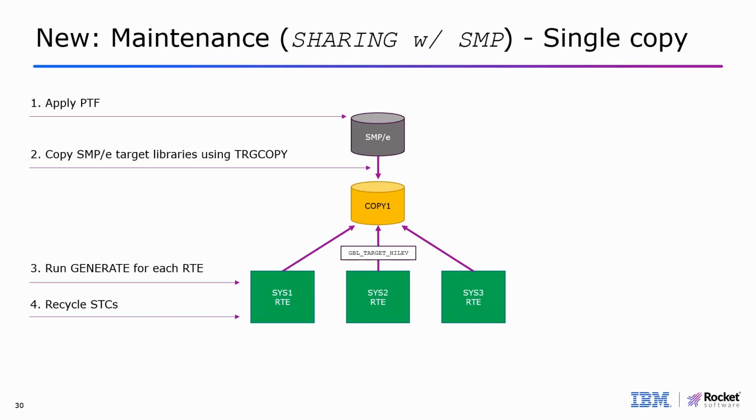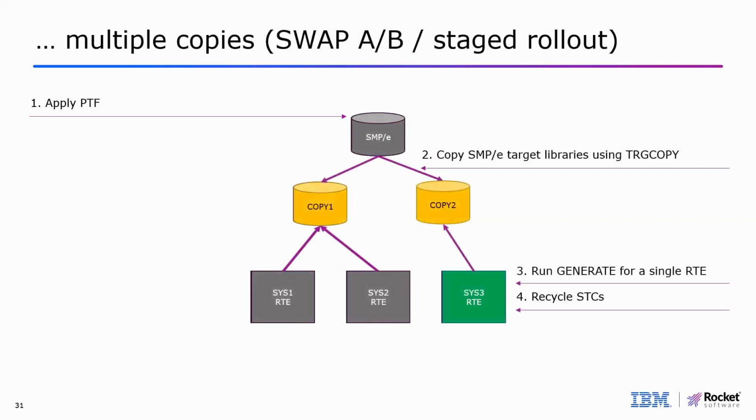What this also allows you to do, and this is really one of what I would call the best practices here, is a staged rollout. You can create 2 copies, one active and one inactive, and then you slowly make the inactive copy an active copy by copying the maintenance from your golden image.